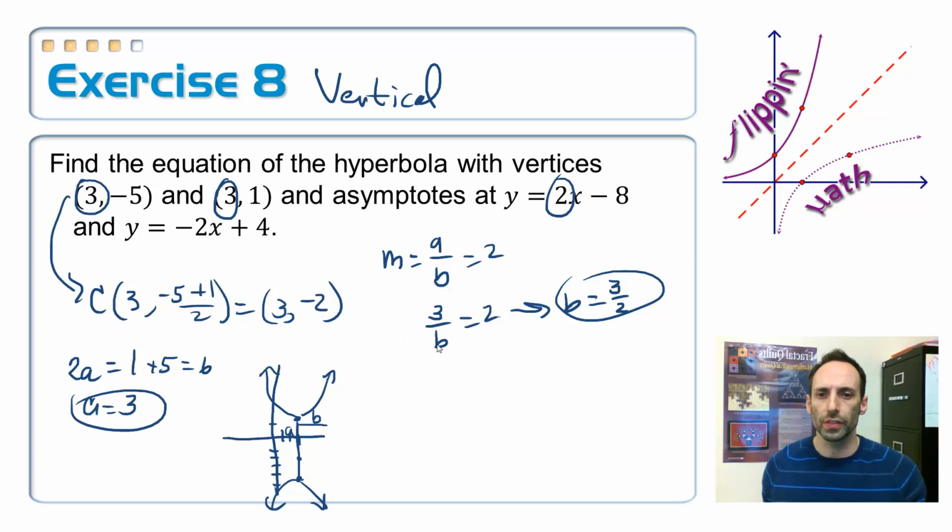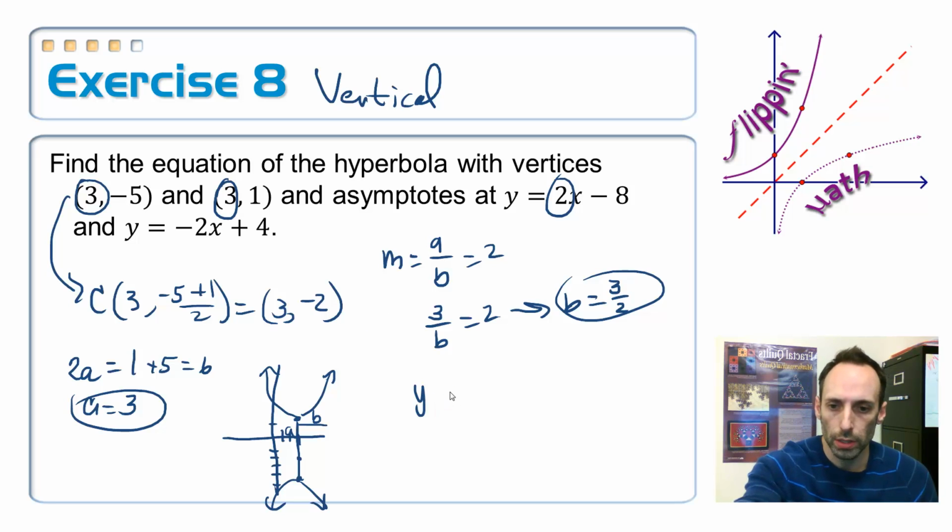Let's put all this stuff together and find the equation. Now, we said that it was a vertical transverse axis. Vertical transverse axis means that the a value is going to go with the y, and the y is going to be positive, so we have to write that one down first. So y, oh, see, I almost wrote this minus 3, but I need to write the y coordinate there.